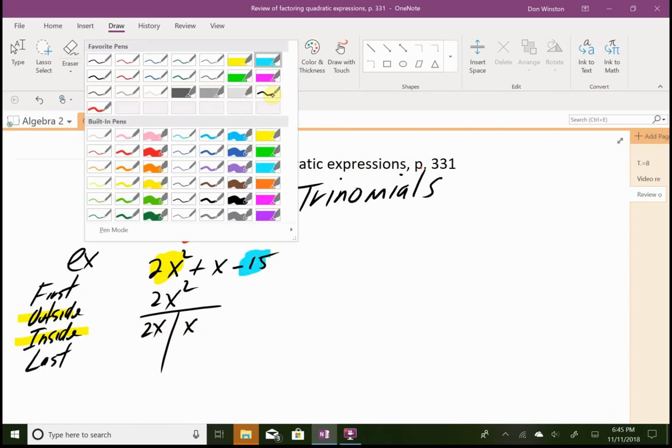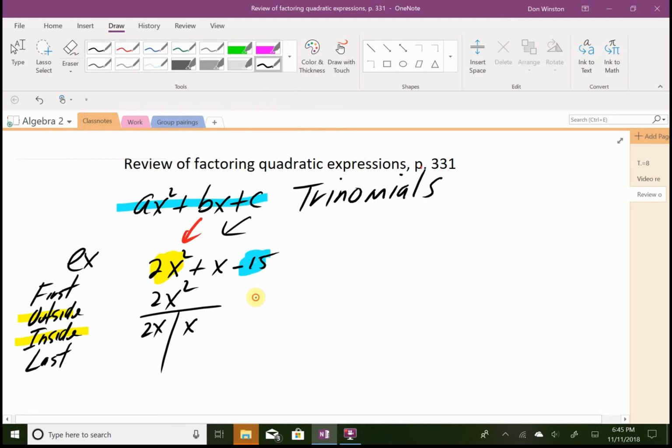And then I'll take my negative 15, and we'll list all those factors. We have a negative 1 and a 15, or we have 1 and negative 15. We have negative 3 and 5, or we have 3 and negative 5. I believe that's it. So we just have to check a couple of things. I want a positive 1 there.